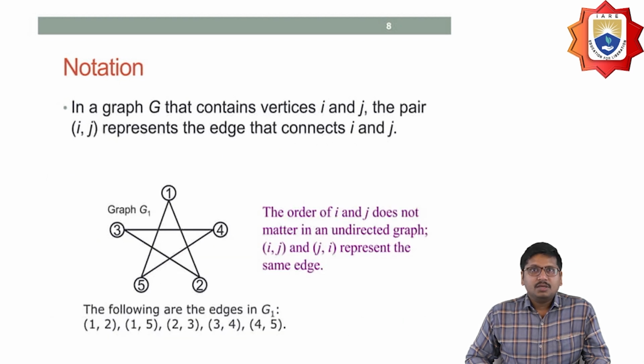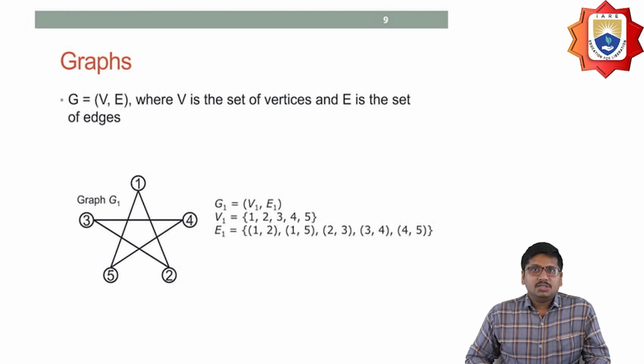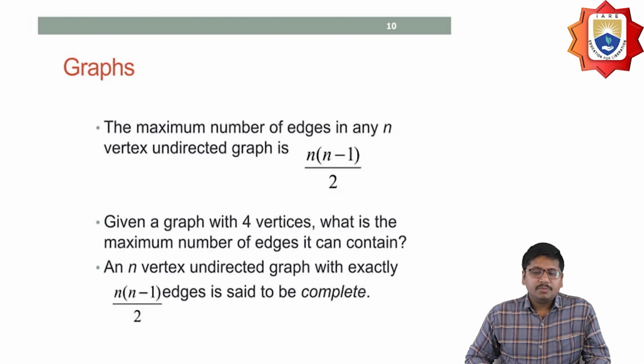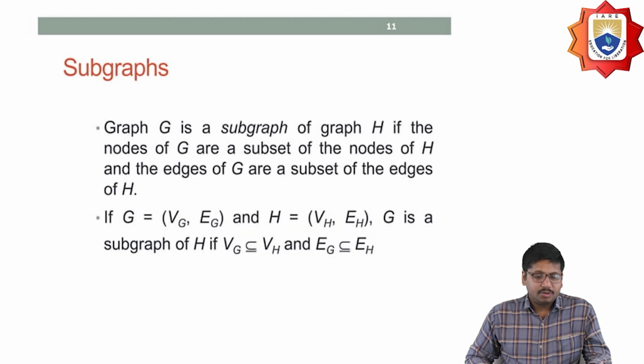This should be the notation, where the graph contains the vertices and edges as a pair, so the graph is nothing but a set of vertices and a set of edges. And the maximum number of edges in a graph with n vertices is given by n into n minus 1 by 2. That is the equation to remember.